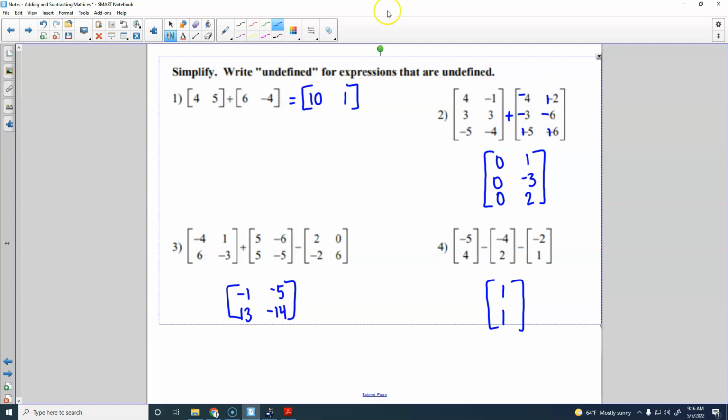So then 4 plus -4 is 0, -1 plus 2 gives me 1. So you don't have to worry about that. You could do that right here as well. You just have to change the sign of everything in the matrix if you do that. So that might be a strategy you want to use if those negatives are tripping you up.